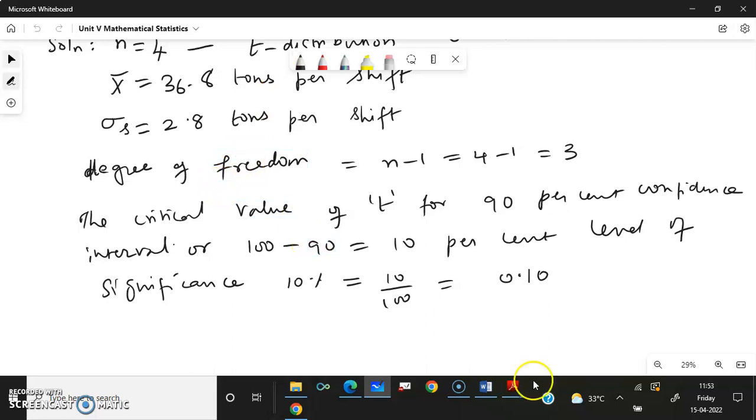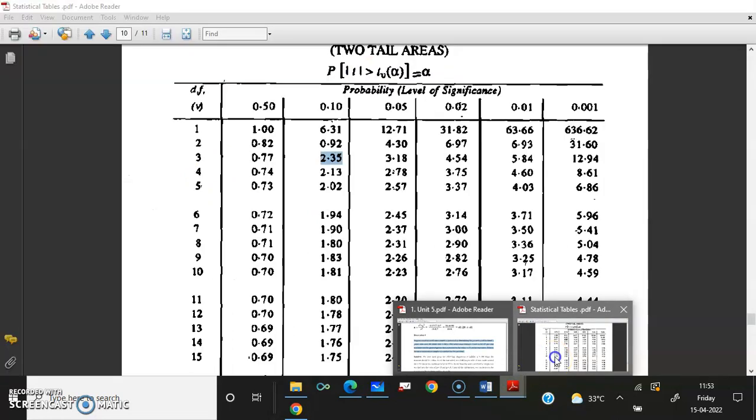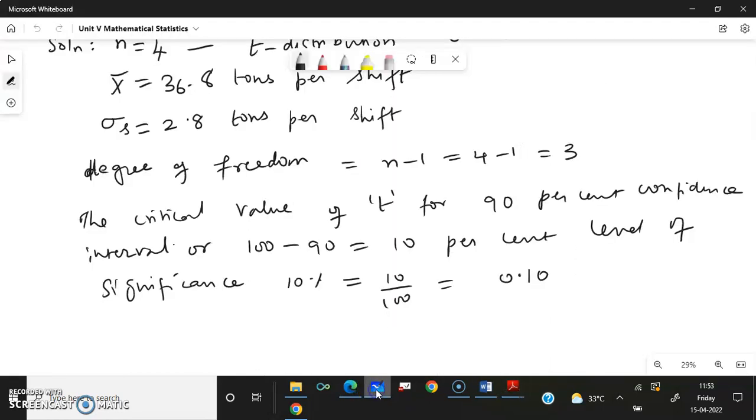Now we will see the t table for 3 degrees of freedom, right? Remember, we have to see the t table. See here, this is 3 degrees of freedom and 0.10, they coincide here, at 2.35. So the critical value is 2.35 for 3 degrees of freedom.